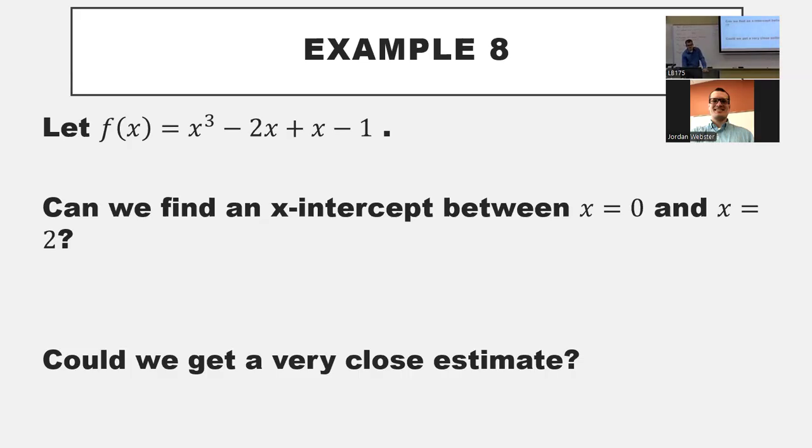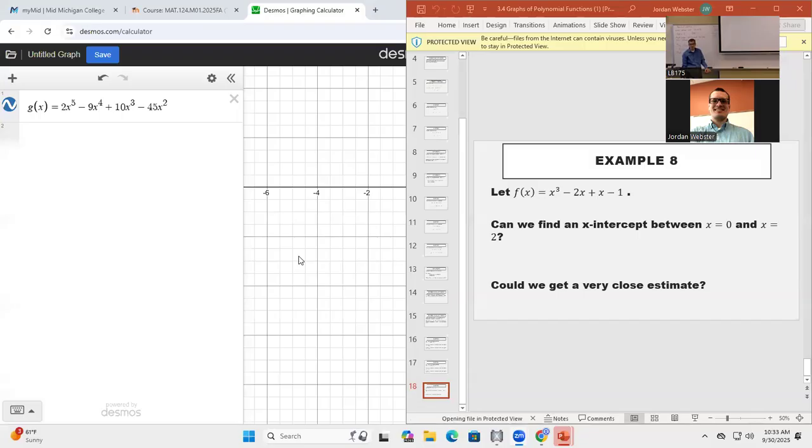Now, I want to say something about that example. We don't typically do that a lot. With modern technology, with our graphing calculator, we don't do that a lot because our graphing calculator can approximate those values where it crosses the x-axis in a really efficient way.